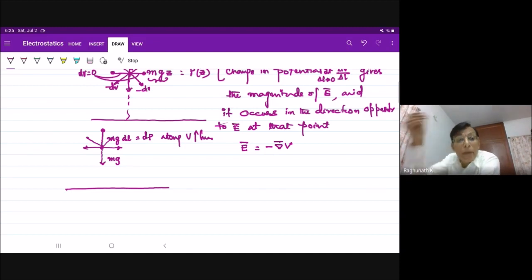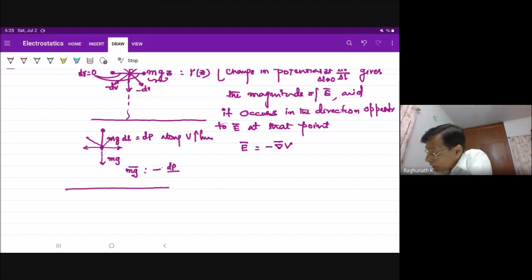What is the weight actually? mg bar is minus of dp by dl max.